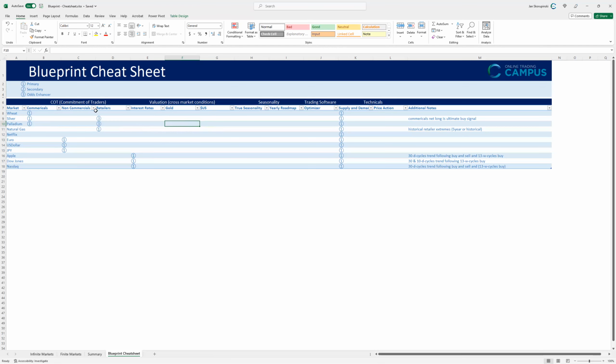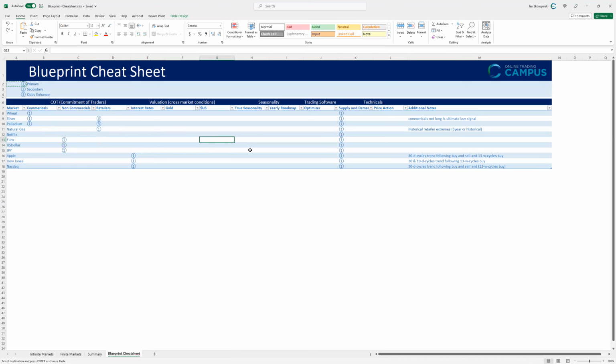Or, as we looked at the non-commercials here for the JPY, we could look at maybe the US dollar against the euro, maybe number one, maybe a primary, as well as the non-commercials. And depending on how well this works, we could even say, well, this is the primary and this is the secondary, because these are very rare setups.